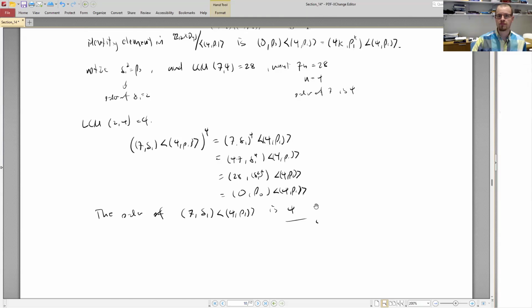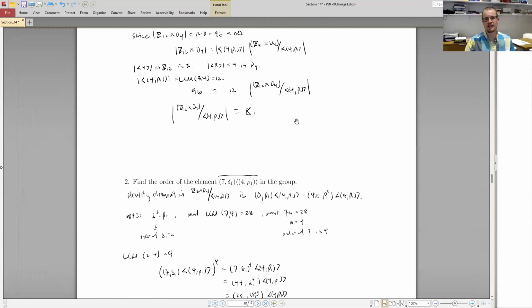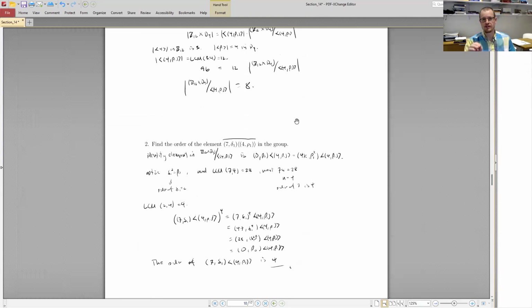Awesome. That looks good. One minor check that we could do is make sure that the order of the element divides the order of the group. And it does in this case. That doesn't guarantee that we have a correct answer, but it would tell us if we had an incorrect answer, so that's a good double check there.